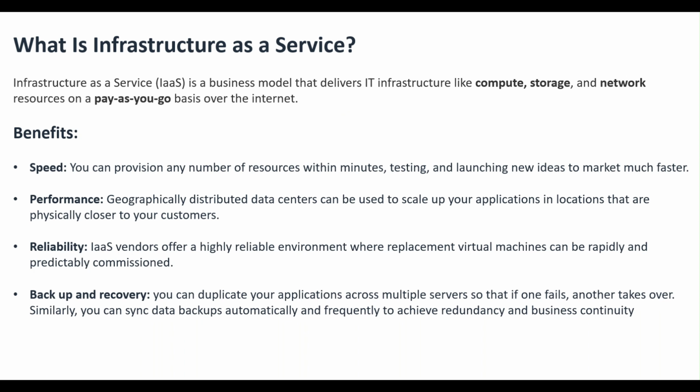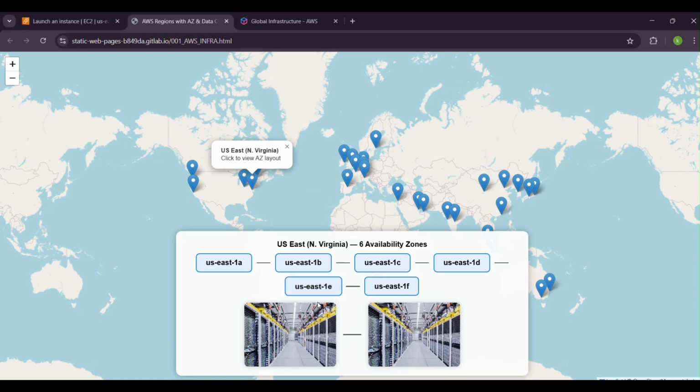Next, backup and recovery. You can duplicate your applications across multiple servers so that if one fails, another takes over. Similarly, you can sync data backups automatically and frequently to achieve redundancy and business continuity. If any one availability zone fails, or even any one region, we can move the entire data from one region to another.